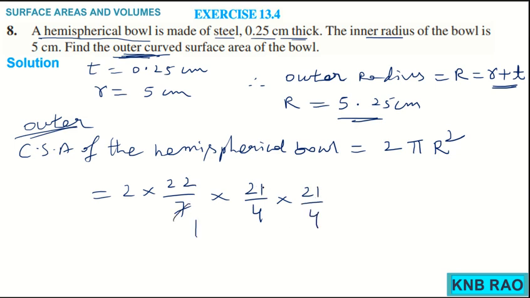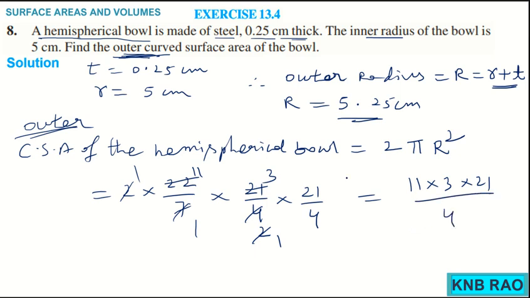So, 7 ones are 7, 7 threes are 21, the 2 ones cancel, and into 11. Here we need to multiply 11 into 3 into 21 by 4.